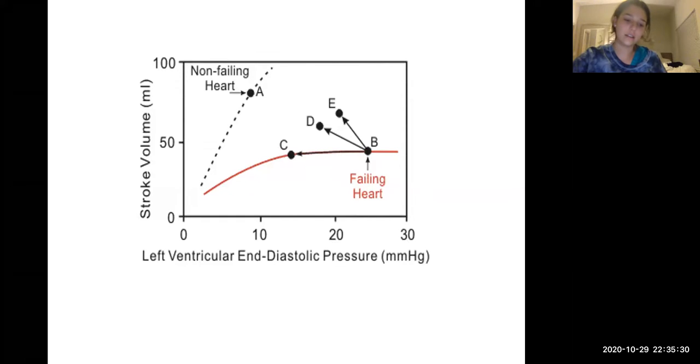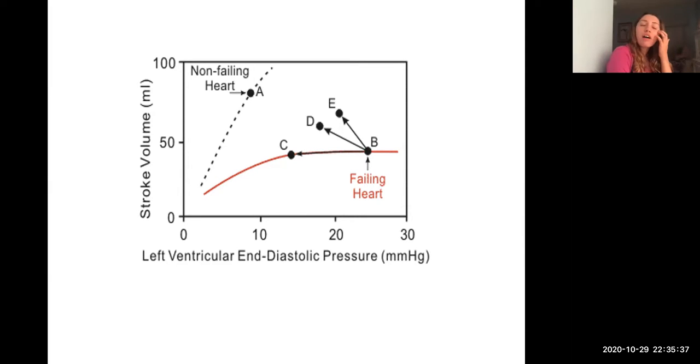That could be either on the left or right, but I'm pretty sure all our questions are going to be on the left, because they said it's regarding the left.